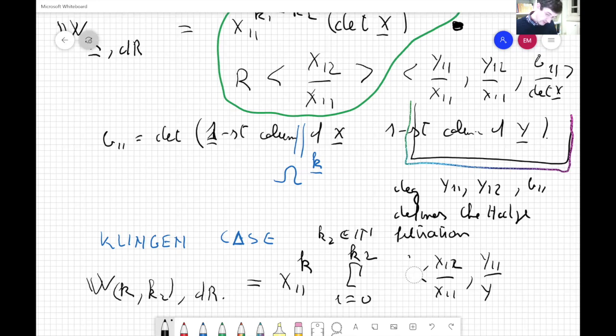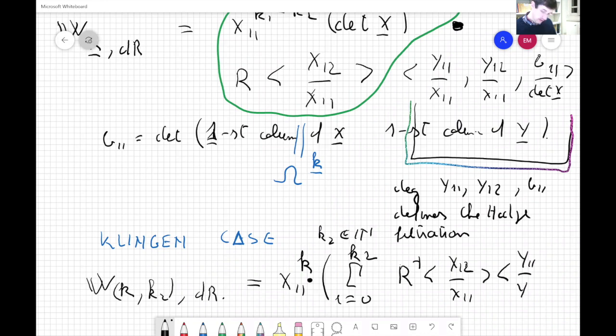Sorry, I'm missing a piece. Sorry about this. Well, never mind. Let me write it as I was writing it. So it's R plus x12, x11, and then we have y1, x11, y12, x11.